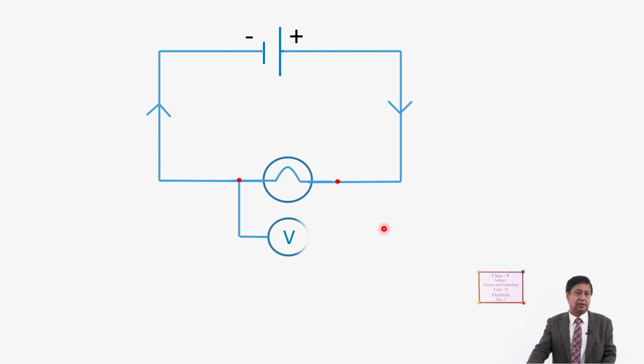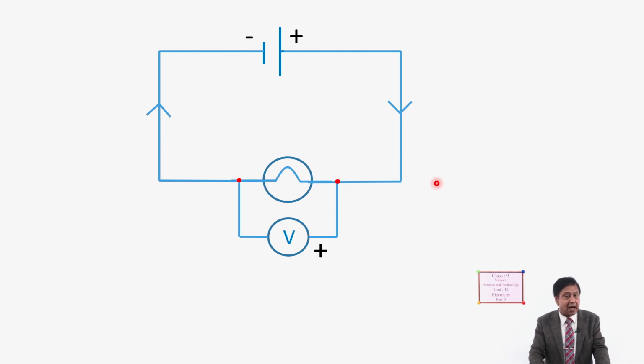Then certainly we will use voltmeter, and voltmeter should be connected in such a way that the wire connected to negative terminal of cell or battery should be connected to minus wire connecting point of voltmeter, and wire coming from positive terminal of cell or battery should be connected to plus symbolized wire connecting point of voltmeter. This way we measure potential difference between 2 points of the circuit, and what amount of electrical energy converts to another form of energy in between these 2 points when 1 coulomb charge flows from this point to this point is being measured, and this is PD between these 2 points.